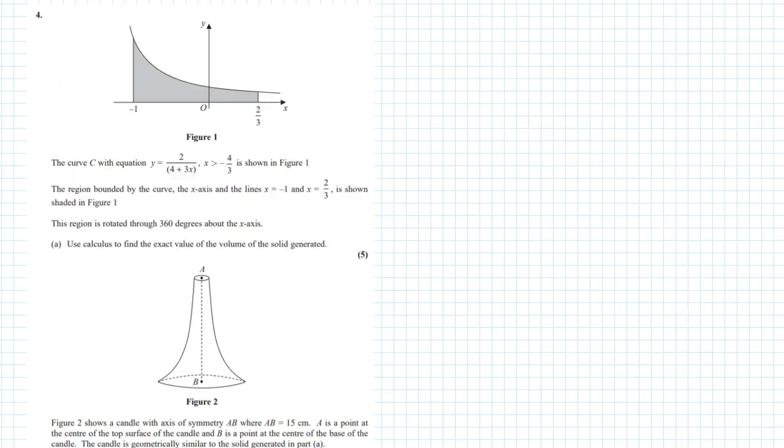Question number 4. The curve with equation y equals 2 over 4 plus 3x, x is greater than minus 4 over 3, is bounded by the curve, x-axis and lines x is equal to minus 1 and x is equal to 2 over 3, and is rotated through 360 degrees.